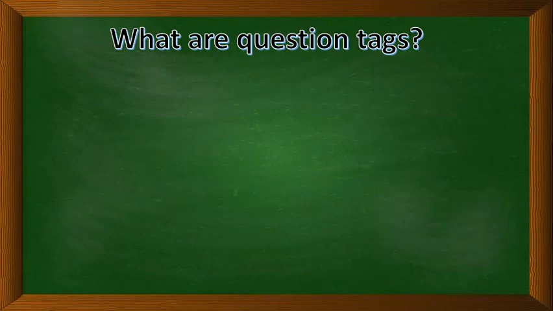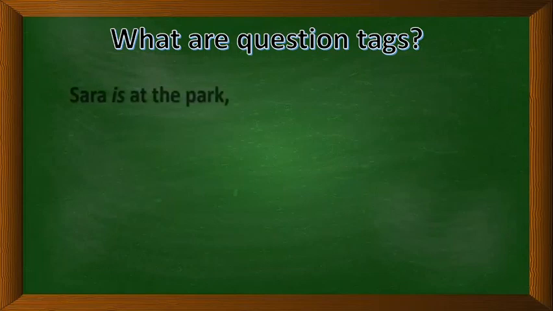So you need to involve a third party to find out if what you think is accurate or not. That is why we have what? Question tags. But that statement you want to checkmate its accuracy will not have a full stop. It will have a comma before the question tag comes in. And that is why you have to pay attention to the information we have on this video.